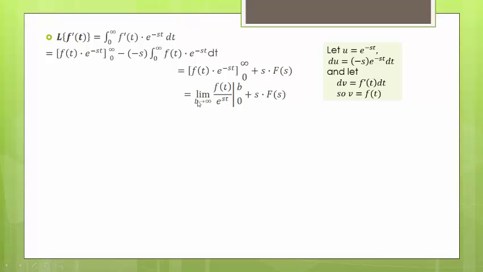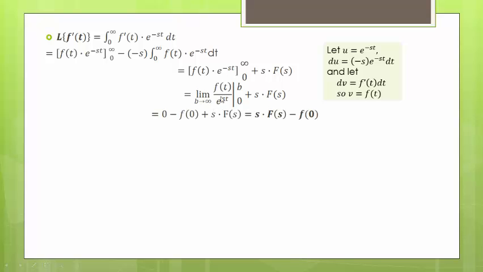I've substituted a dummy variable there. Because f of t does not grow as fast as the exponential function, this is why f of t must grow slower than e to the st, that particular piece will go to 0.